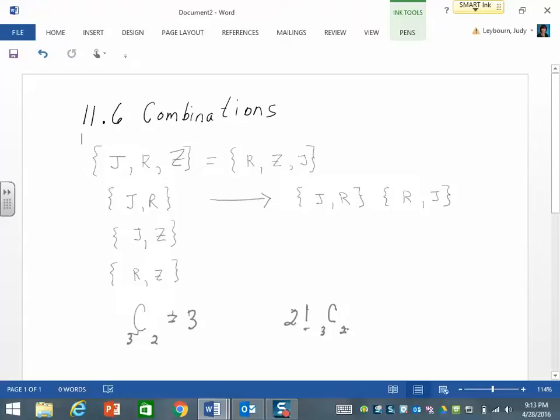In other words, the number of permutations is, in this case, 2 times the number of combinations.